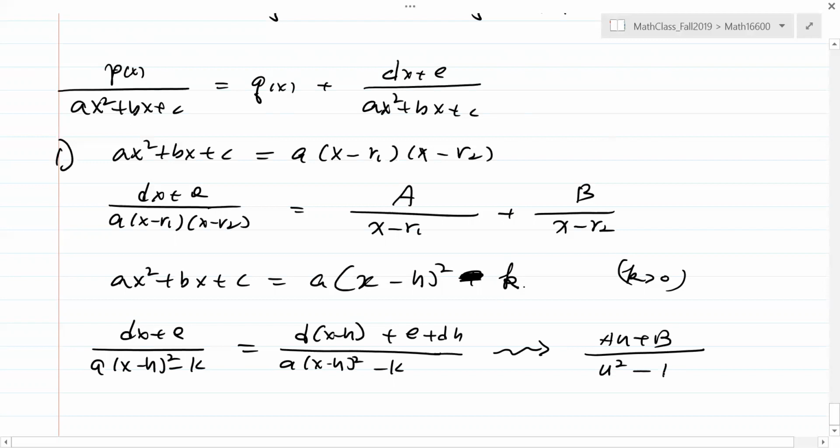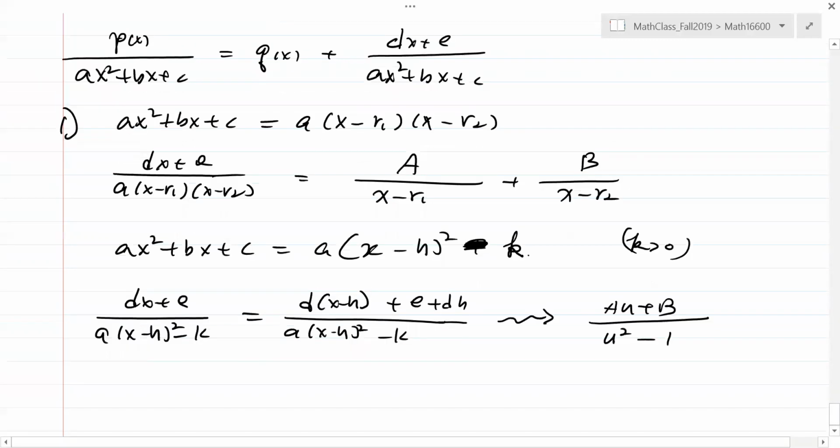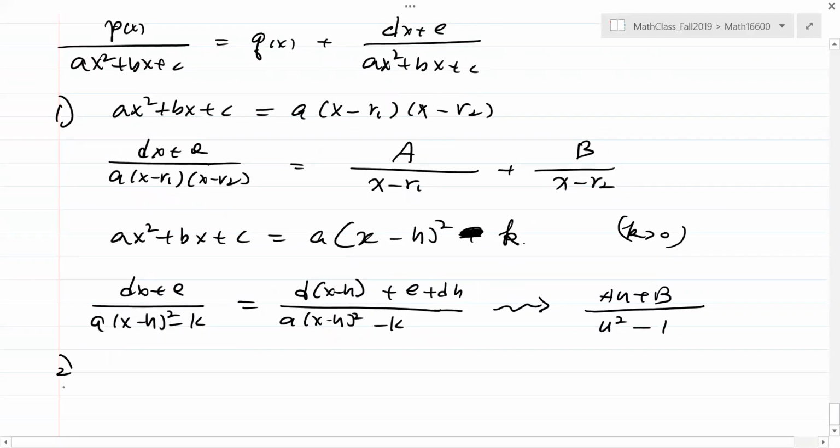So there are two different ways to solve the problem if the denominator has two roots. If the denominator does not have two roots, that means you have a(x minus h) squared plus k, where k is positive.